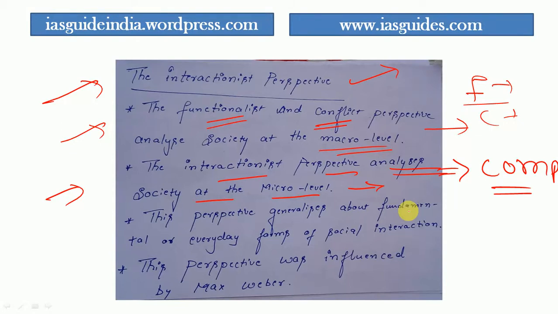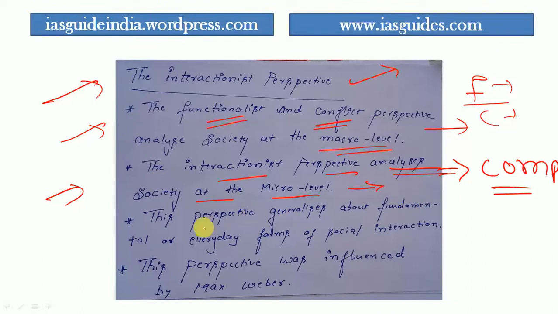They want to know what kind of conversation is going on between father and son, between student and teacher, between two friends. They analyze that kind of minor detail. That is what is known as the interaction perspective.